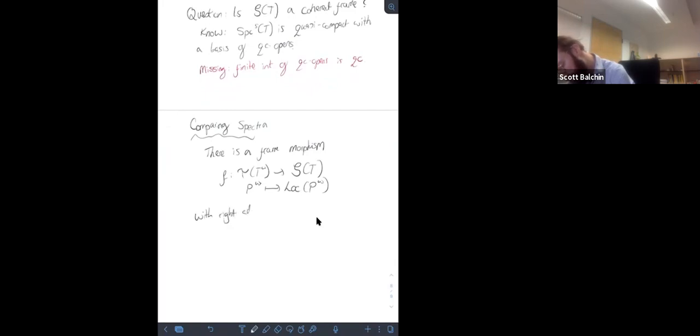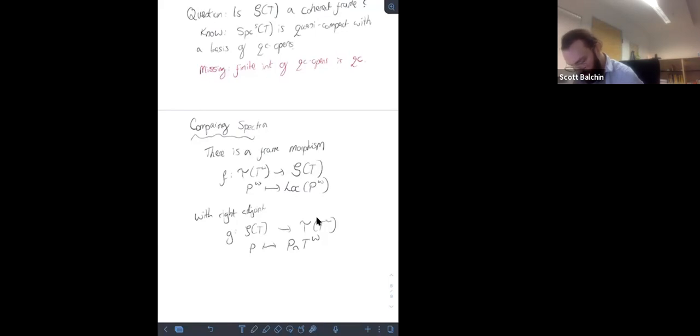What does the right adjoint G do? It takes P and takes P intersect the compact objects.